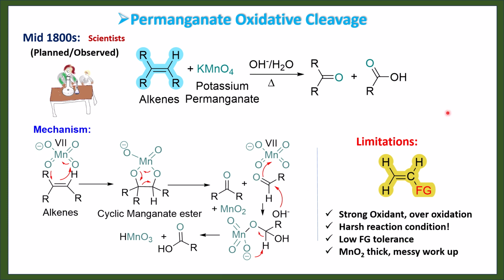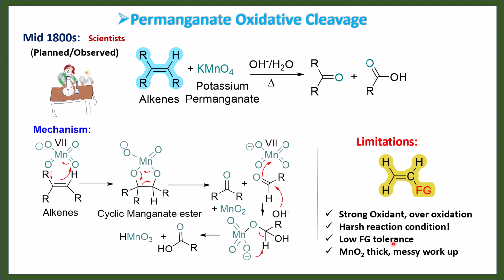So the limitation of this reaction is that potassium permanganate is a strong oxidant, so sometimes over-oxidation also happens. If there is any other functionality attached to the alkene, it sometimes gets oxidized. These reactions also need harsh conditions: a strongly basic solution is used and heating is required, so that's why it is a harsh reaction condition.